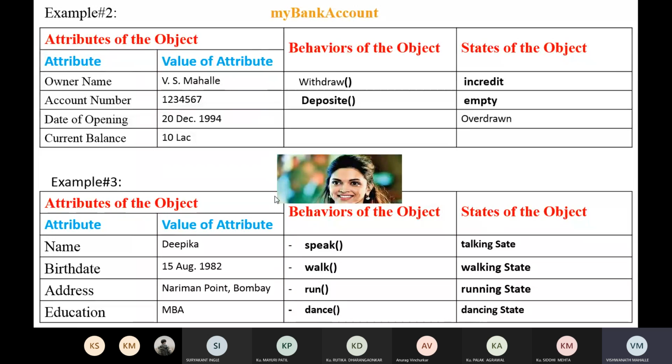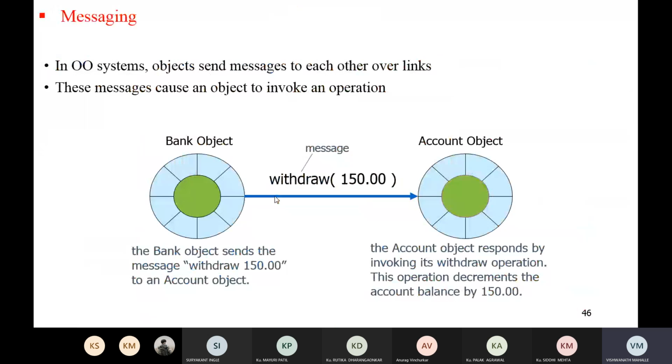The operations that can be performed: they can speak, walk, run, dance. And the state may be talking state, walking state, running state, and dancing state. So these are the examples. All objects have identity, state, and behavior, and these are the three examples I have taken here.